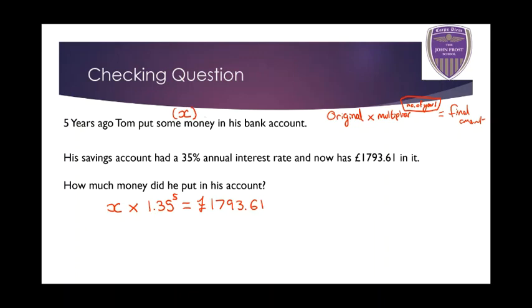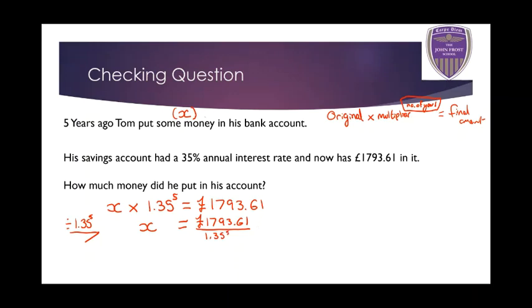If we're looking to get X on its own, all we need to do is divide both sides by 1.35 to the power of 5. And if we do that, the 1.35 to the power of 5 disappears from the left side of the equation. So we've got X equals, and on the right-hand side, £1,793.61 divided by 1.35 to the power of 5.